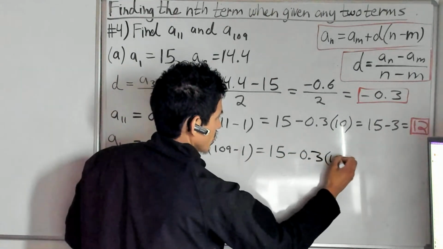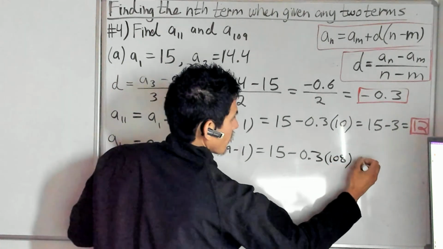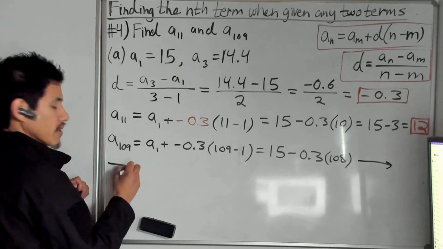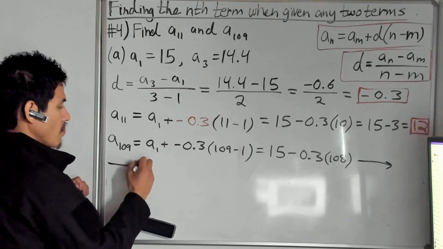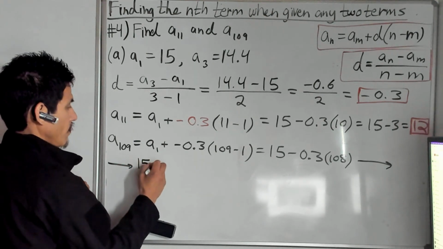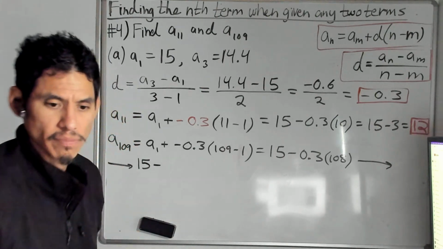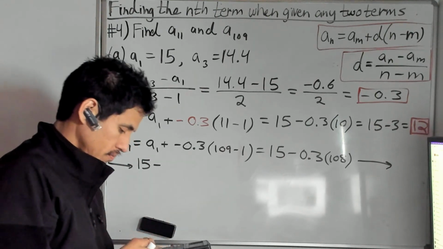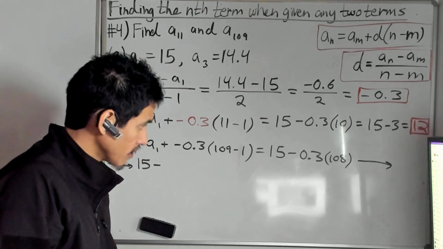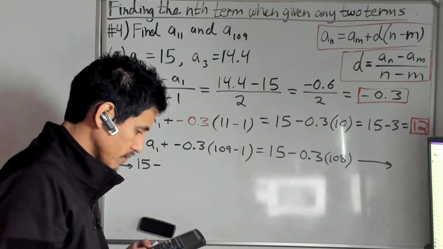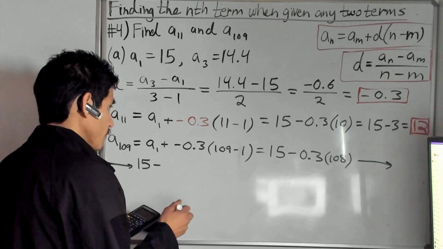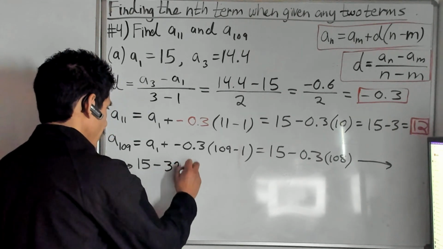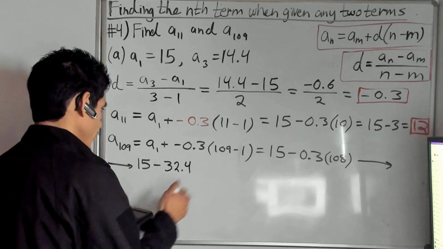Here we're going to have 108. Let me go to the next line so I don't cram it in there. So we get 15 minus 32.4. We get negative 17.4.